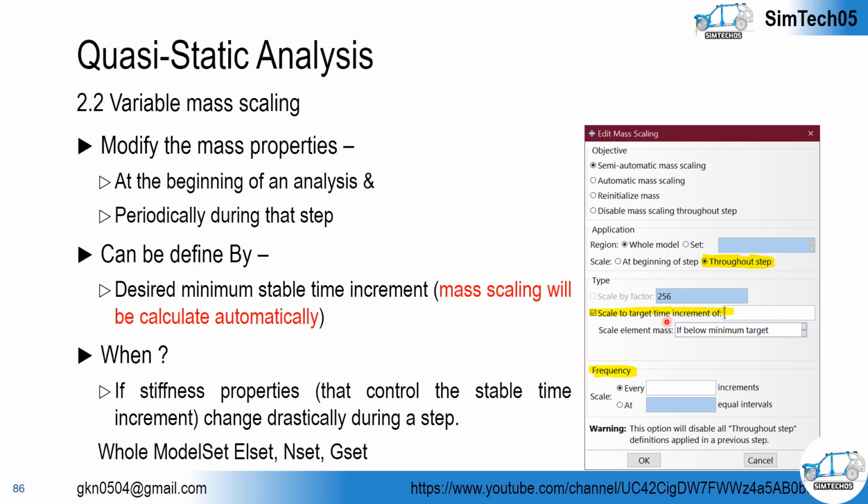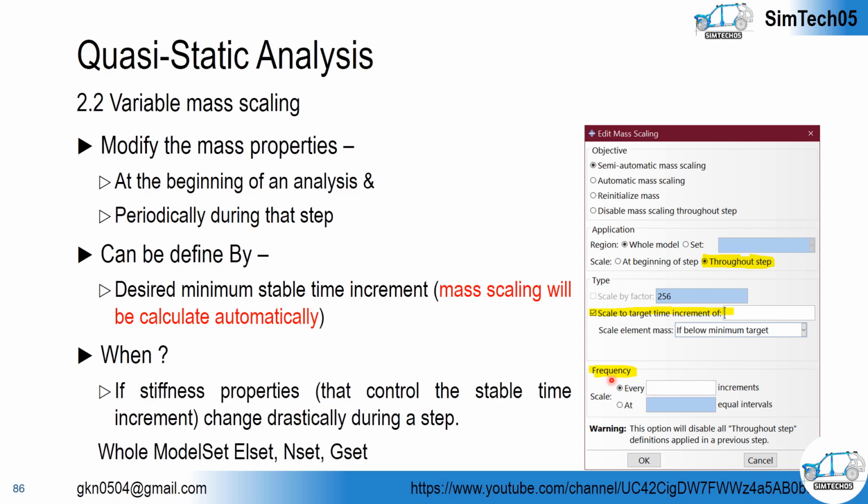You have to define some target increment size. What is your target increment, and accordingly the software decides the scale factor. So that I also mentioned here. At the beginning of the step, mass is introduced, then within some periods the mass scale is redefined again.